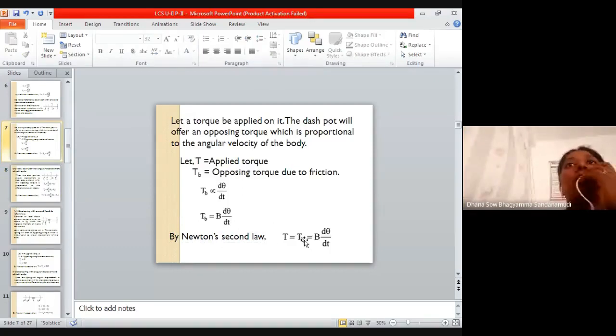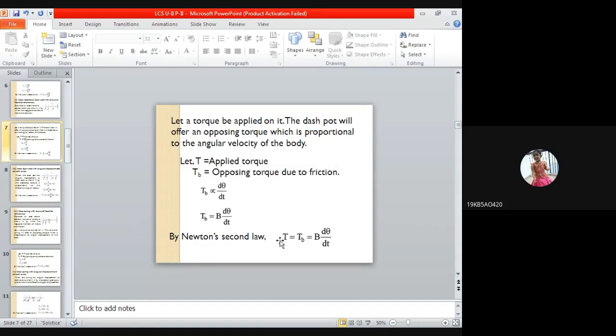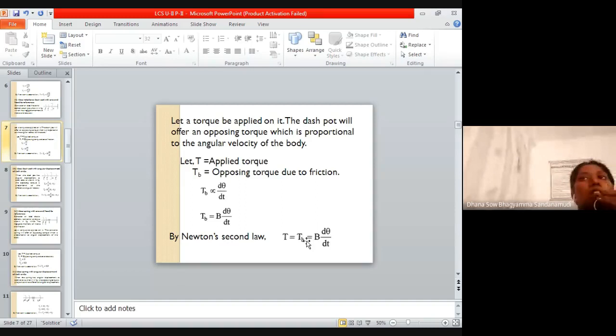T is the applied torque and T_B is the opposing torque. So T is equal to T_B, that is equal to B into d theta by dt. This is for an ideal frictional element with one end connected to a reference.